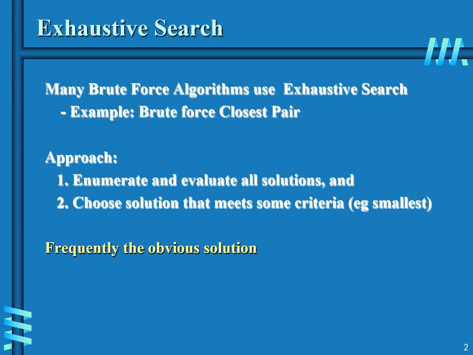The approach is that you have to enumerate and evaluate all solutions, and finally choose the solution that meets some criteria, for example whether it is the smallest or the largest one. You get an obvious solution, but sometimes it is slow, because you have to enumerate and evaluate all solutions, so it takes time and the efficiency can be very low.